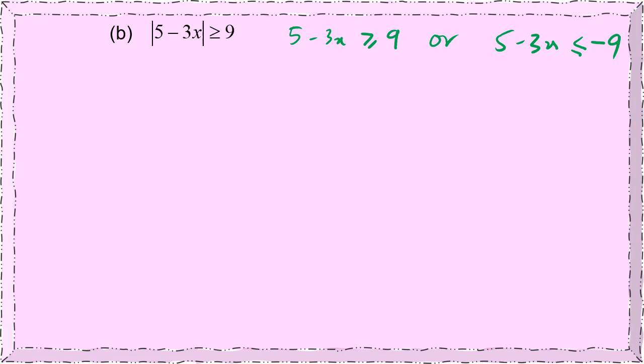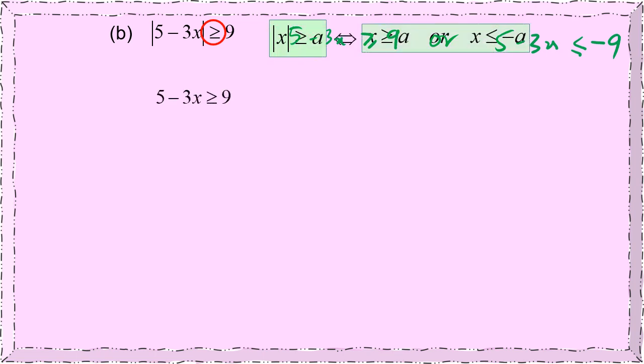So opposite sign, opposite direction. You get 5 minus 3x more than or equal to 9, or 5 minus 3x less than or equal to negative 9, where or is equivalent to union.